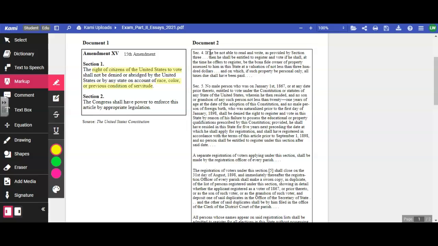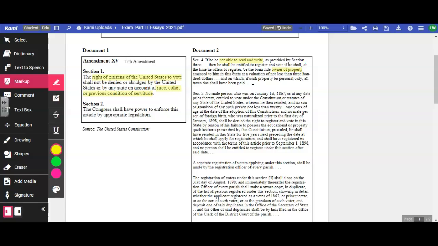So we're basically saying here, if the person trying to register to vote is not able to read and write, they can still register to vote if they're an owner of property. They need to be a property owner of more than $300, which is a lot of money at this time, and where all the taxes are already paid.